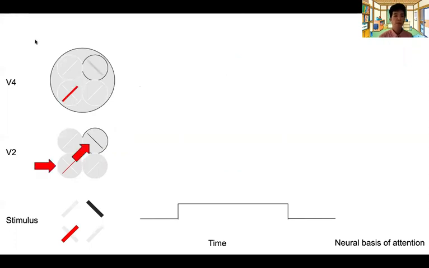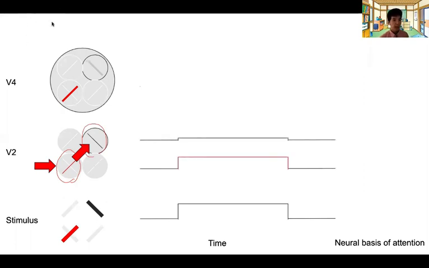On the other hand, if some kind of attentional biasing signal amplifies this neuron's firing, and this neuron is interacting with this neuron and suppresses its firing, what happens? So now B2 neurons, which prefer this orientation, become active and enhanced by the attention, and that one can suppress this neuron.